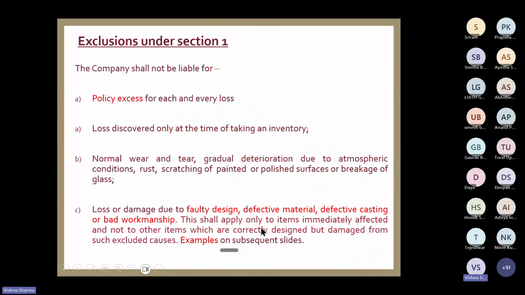But if other components, which were correctly designed and correctly executed, also get damaged as a result, then this remaining correctly designed portion will be paid, not the original part which is directly affected.